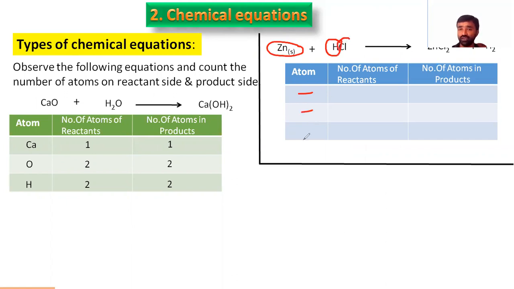Next Cl. No atom is repeated and there are no other atoms other than these three. So I'll note that in the table: zinc, hydrogen and chlorine. Don't take the subscript into the table. Without subscripts and without coefficients, we can note down the elements in the table.